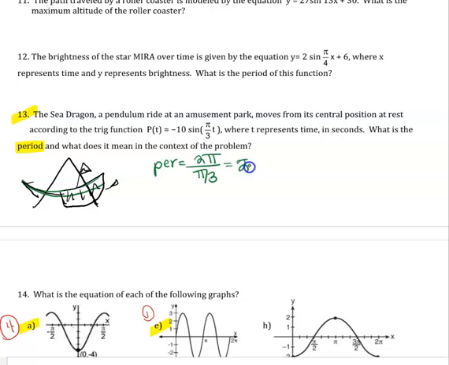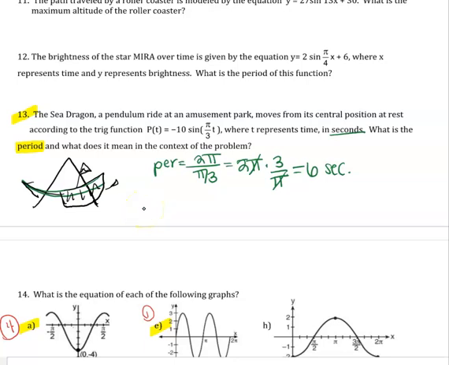So if I rewrite this using keep, change, flip, my pi's would reduce, and this would end with 6, and in the context of the problem, seconds. So what does this mean in the context of the problem? This means it takes 6 seconds from start to finish here to have one full cycle on the ride.